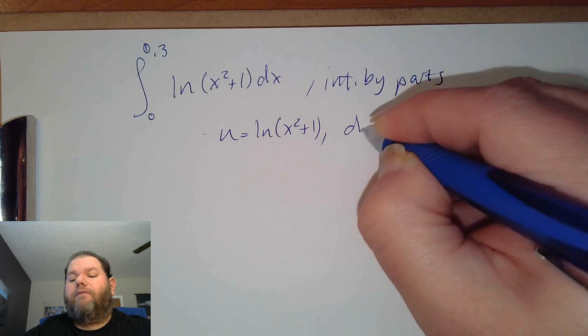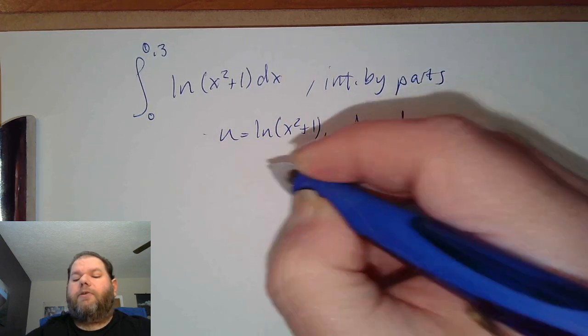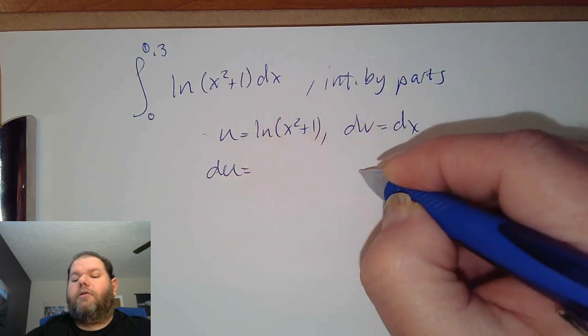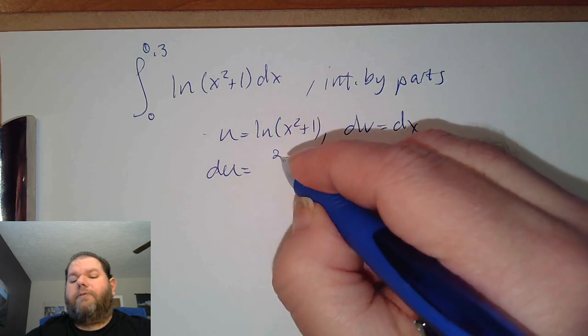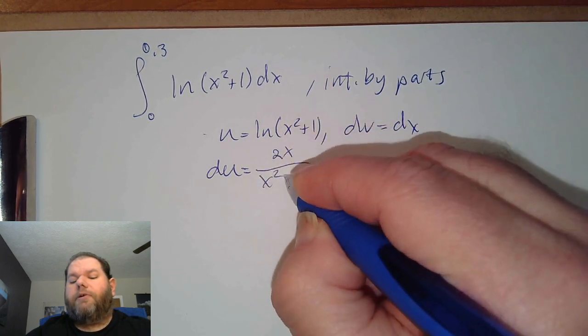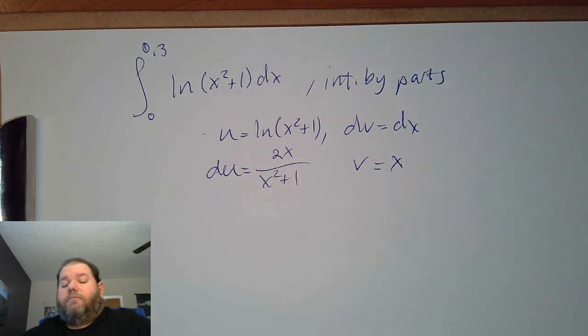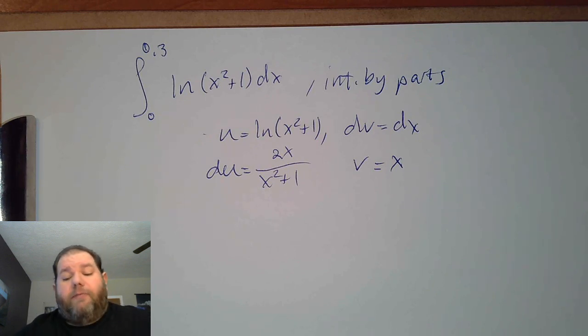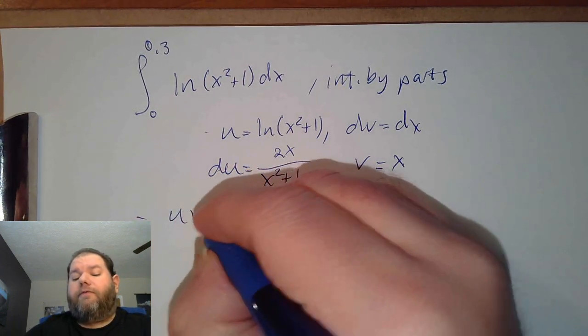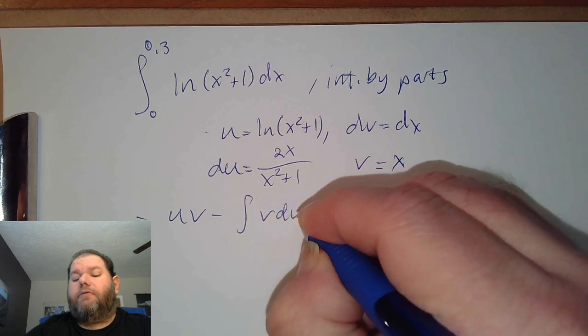That just leaves dv to be the dx in the expression. Now the derivative of this, we already said, was 2x over x squared plus 1, and the integral of dx is just x. Okay, we're still in the realm of possibility as far as integrals go. Our pattern, remember, is uv minus integral of v du.